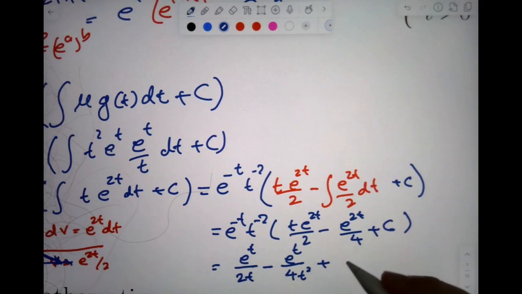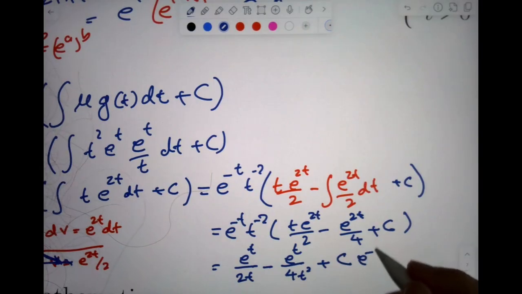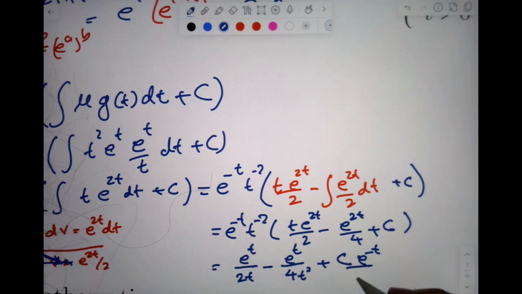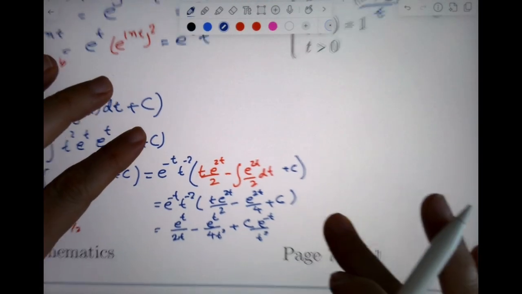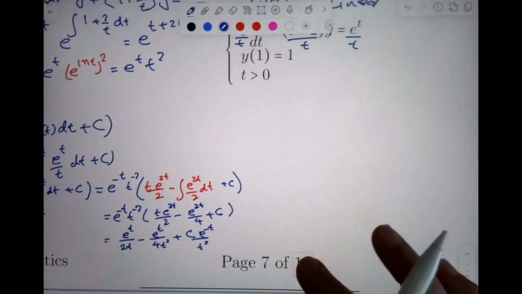And then you will have plus c e to the power minus t divided by t squared. Okay, so it's somewhat neat, and then you can plug in the initial value.